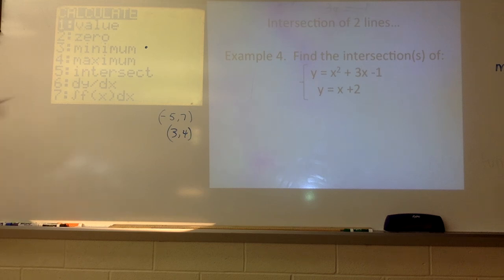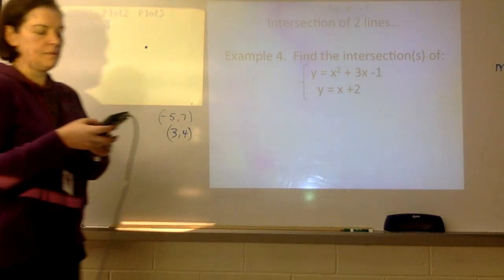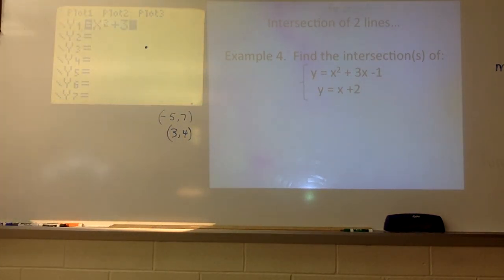And we're going to use intersect. But what do I need to enter into the calculator first? In example 4, go to y equals, clear these out, and enter the 2 things. So I have a parabola, x squared plus 3x minus 1, and x plus 2.